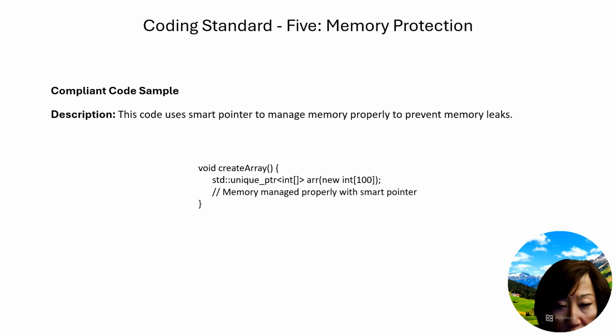So here, the smart pointer is std::unique_ptr, allocating a new integer array of 100 instances. The memory is managed properly by the smart pointer, so you don't have to worry about releasing these resources. Now, for smart pointers, of course, there are shared pointers and weak pointers.